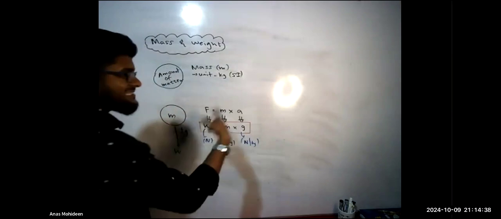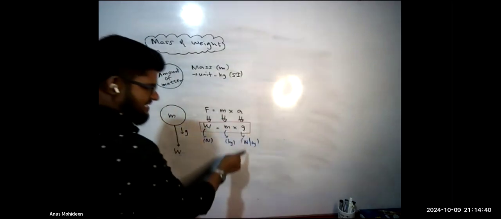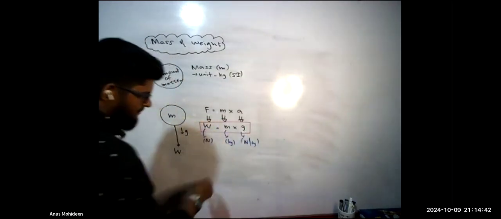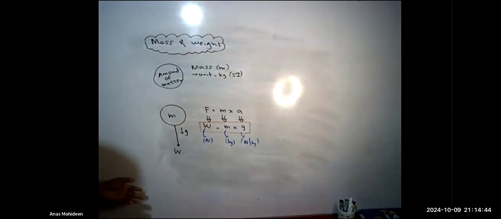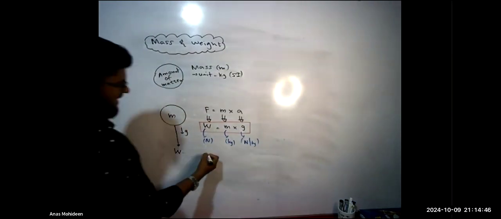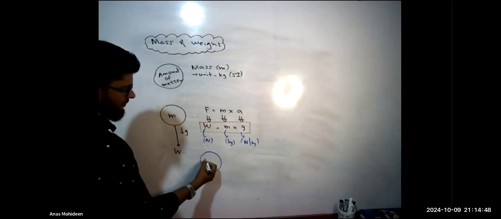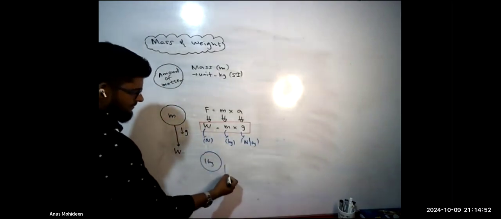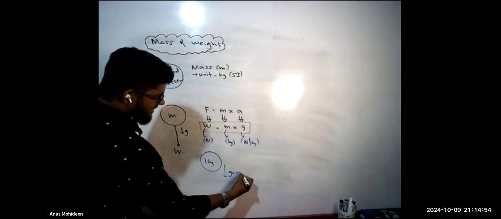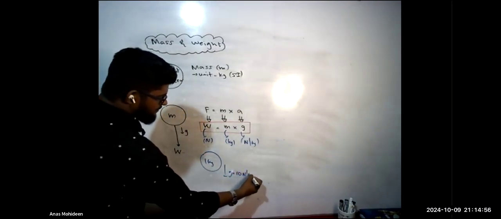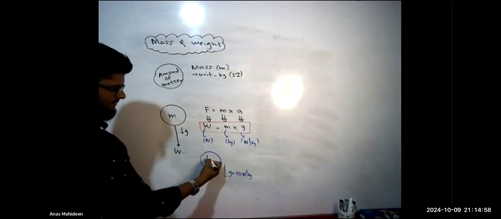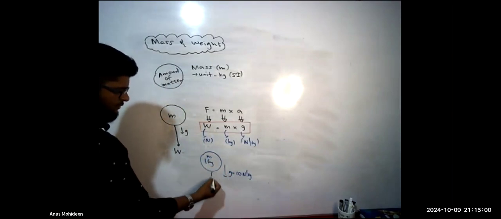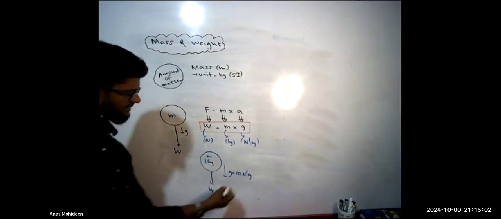Anyhow, let's say g is 10 and you take a 1 kilogram mass. The weight will be 10 newtons. Let's say an object of 1 kilogram, and the gravity down is 10 newtons per kilogram. The mass is 1. So what will be the weight?